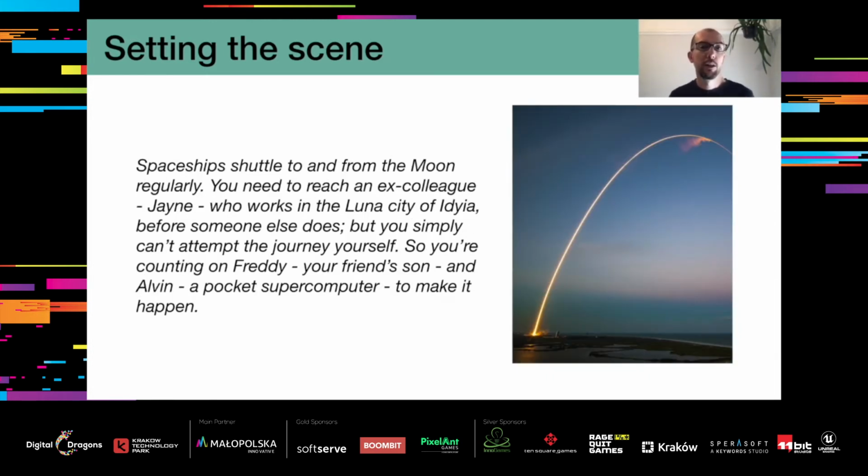Spaceships are shuttling to and from the moon regularly, and you need to reach an ex-colleague, Jane, who works in the lunar city of Ijaya, before someone else does. But you simply can't attempt that journey yourself. So you're counting on Freddie, your friend's son, and Alvin, a pocket supercomputer, to make it happen.